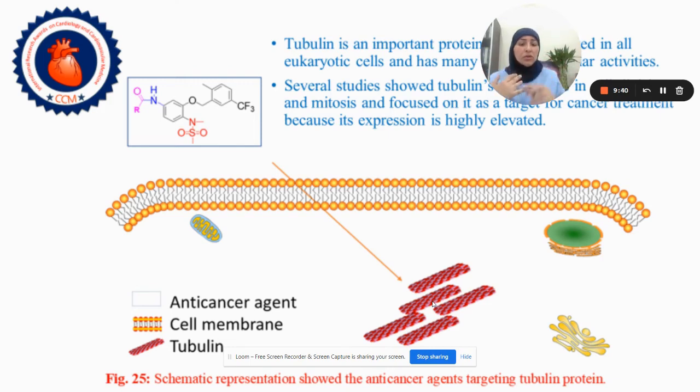And Western blot and MTT assay proved that by the results. Tubulin is an important protein and is conserved in all eukaryotic cells. Several studies showed that tubulin is important for cell division and mitosis. And if we control that, we can control cancer cell growth.